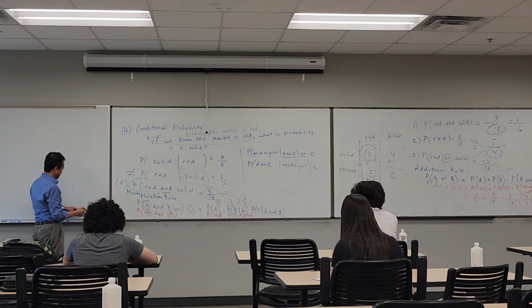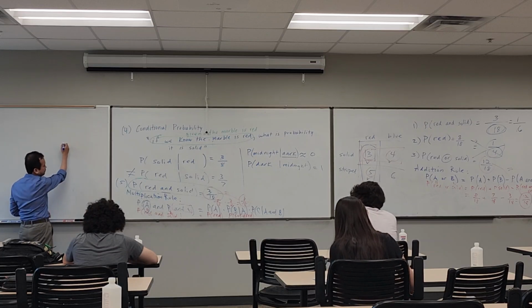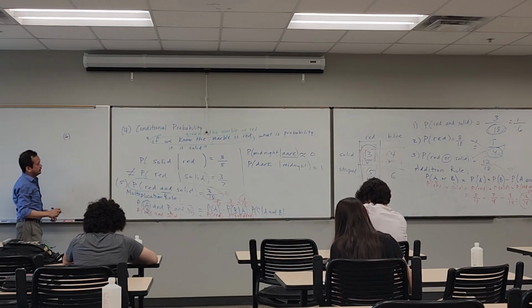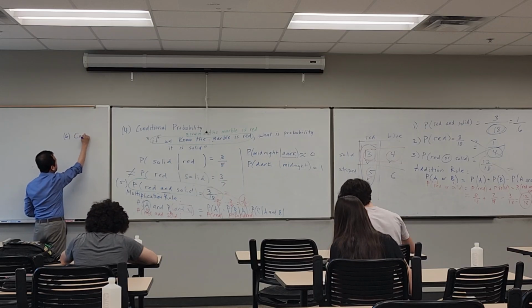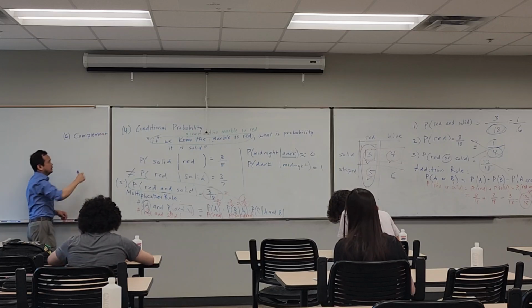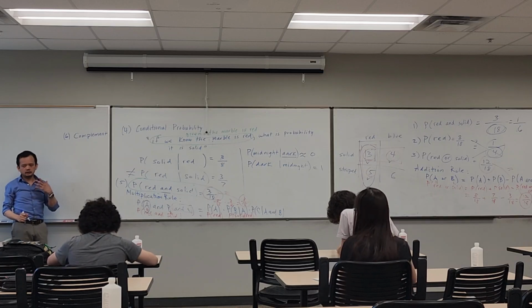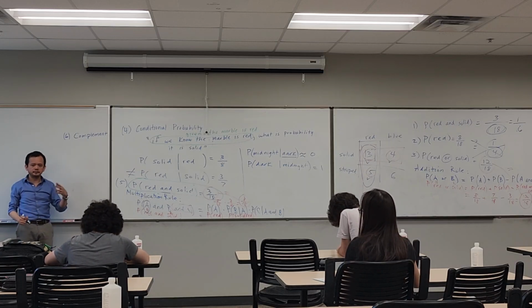Alright, so the last mathematical approach we'll talk about before we do practice is what it means to be a complement. So this word ends up being a homonym, which is a word that sounds the same but is spelled differently.